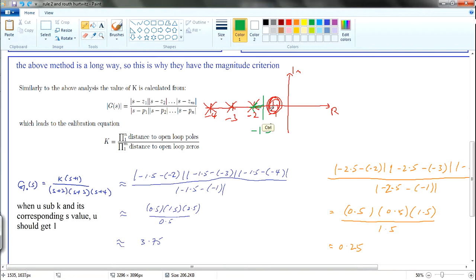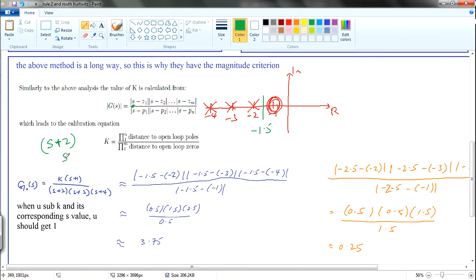So if this is minus 1.5, this is your s value, just sub in your s value, and then subtract the zeros, whatever zeros you have. From here, minus 1.5, minus 2, make sure it is minus 2, which is, let's say, s plus 2.